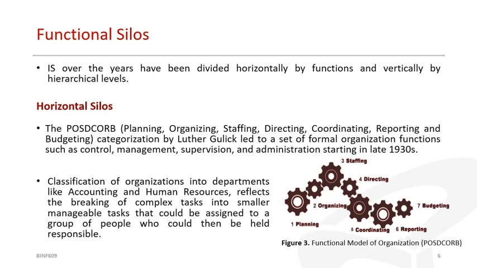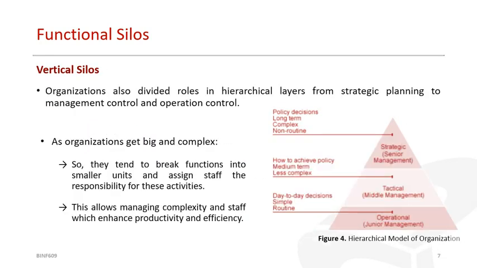This categorization became very popular and led to a set of formal organization functions such as control, management, supervision, and administration. In addition to functional or horizontal division, organizations have also seen a vertical or hierarchical layer of management functions, including strategic planning, management control, and operational control.